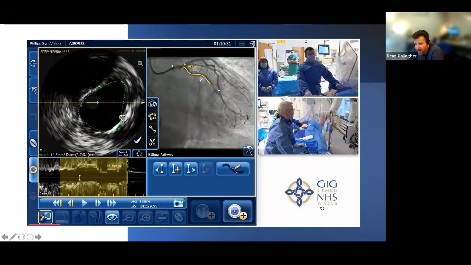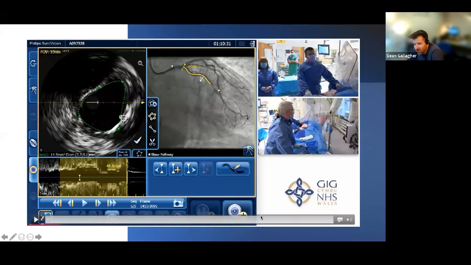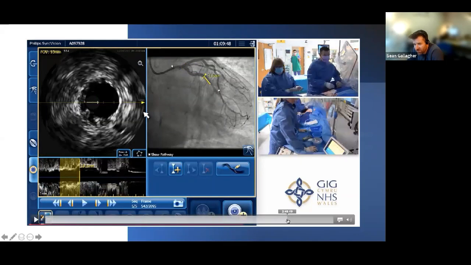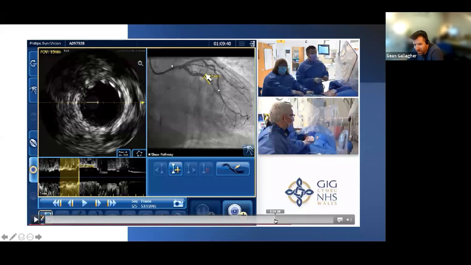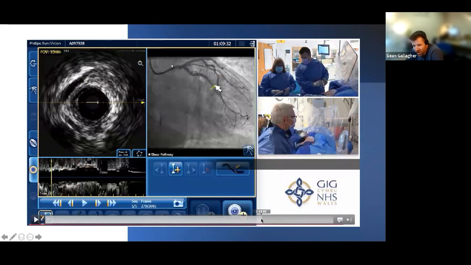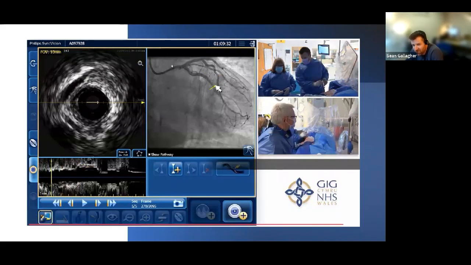But if I've got disease back to the ostium, obviously, then I treat it like an ostial lesion and I come back in. Well, the first thing I do, which I'm not sure all operators do, so for left main, I'm 100% IVUS use, so I will know the size of my left main when I deploy the stent. And the first thing I have in my hand after I've deployed the stent is a post-dilatation balloon for the same size of the left main, so that I've optimized the inlet of the stent as the first thing that I do.